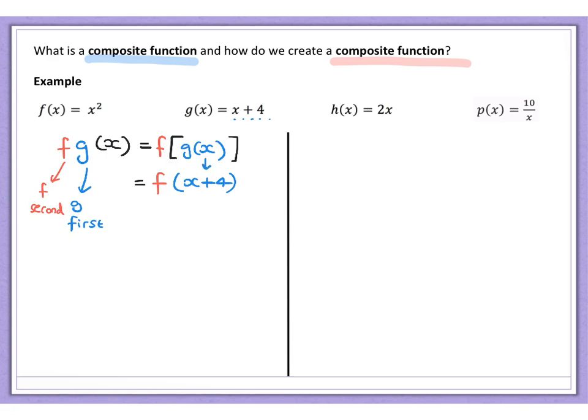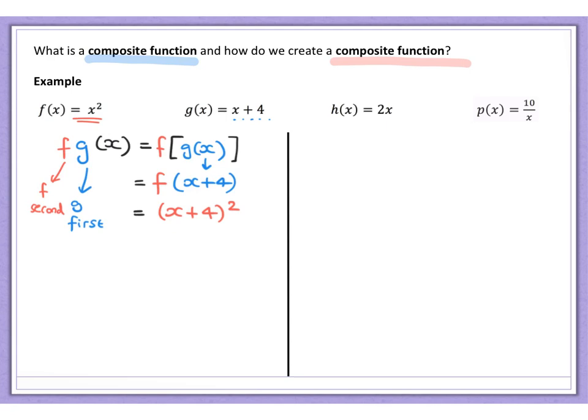Now let's look at the function f. In words, that simply says square the input. f of x equals x squared means you're squaring whatever is in the brackets. So if we're applying f to x plus 4, that means we're squaring our input, which means we have x plus 4 all squared as our outcome. And this is the composite function, which makes sense.